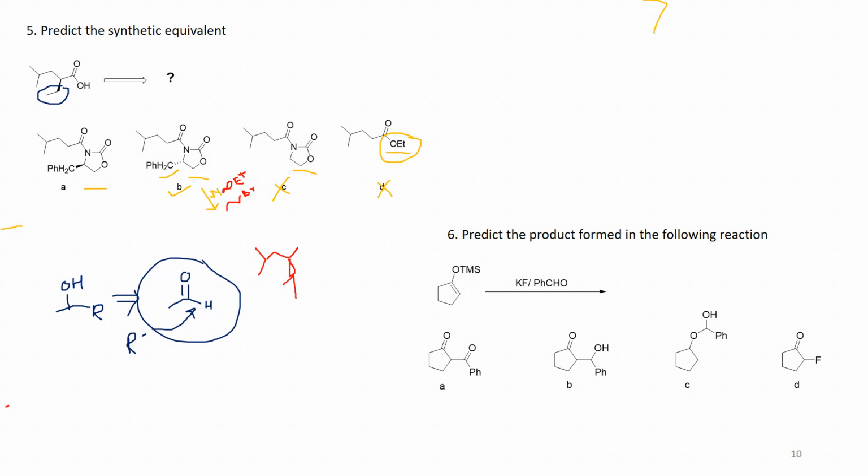Then, to remove this chiral auxiliary, in the second step, if you add lithium hydroxide, it will give us your desired product.